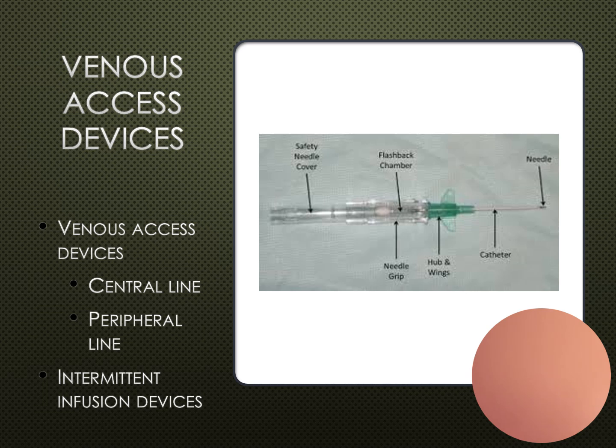It's used during emergent situations when quick access of a peripheral vein is not possible. Maybe they've had significant blood loss and you just cannot palpate a vein, find a vein at all. So if we put that intraosseous in and give fluids, then later we can probably palpate a vein.